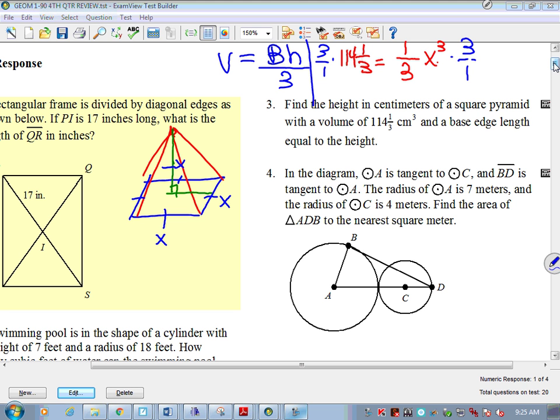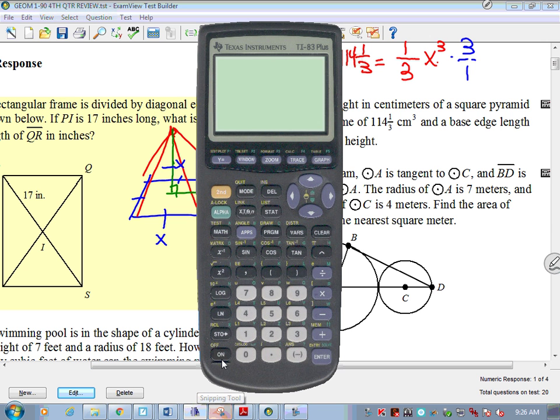Okay? Now, in terms of writing 1/3 in our calculator, let's check this. Can I just do this? Can I write 114.33333 times 3? Will that work?